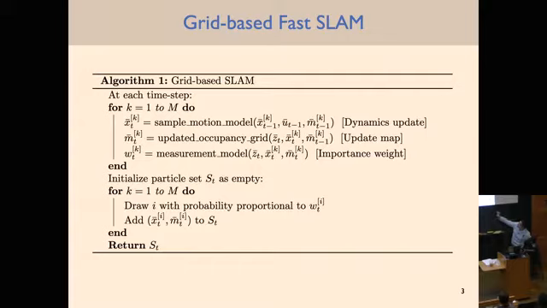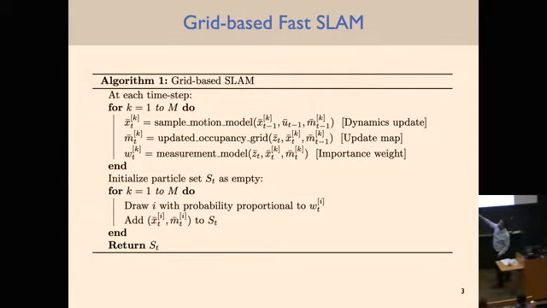And the w_t, that's the importance weight, that showed up also when we were looking at particle filtering for localization, which roughly corresponds to how likely is the sensor measurement given a location and a map. I'll describe all of those in more detail. So that's the first loop. You can think of it as basically doing a dynamics update and calculating these importance weights w.